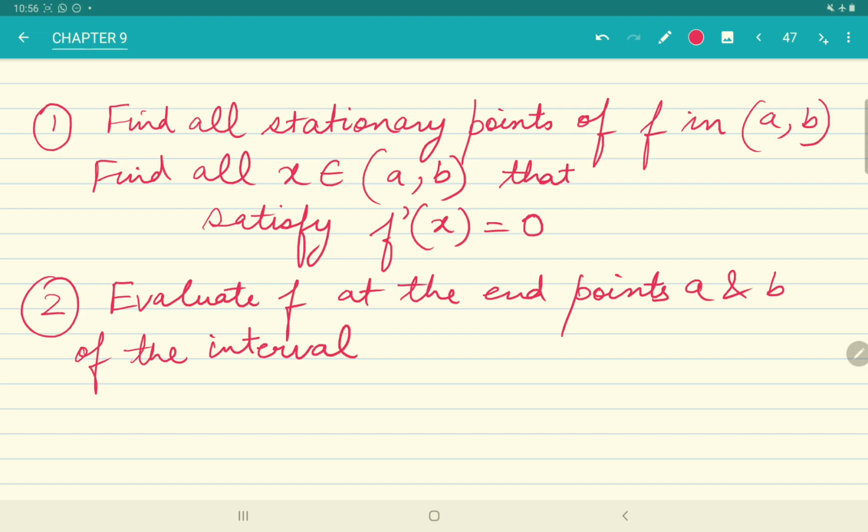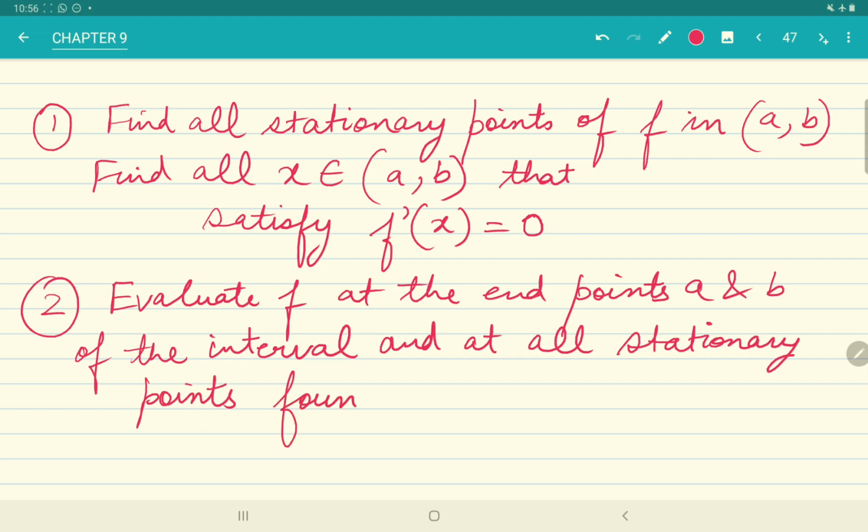So I found all stationary points of f in step 1, and the second step consists of evaluating the value of f at the endpoints A and B of the interval, and at all the stationary points found in the previous step.